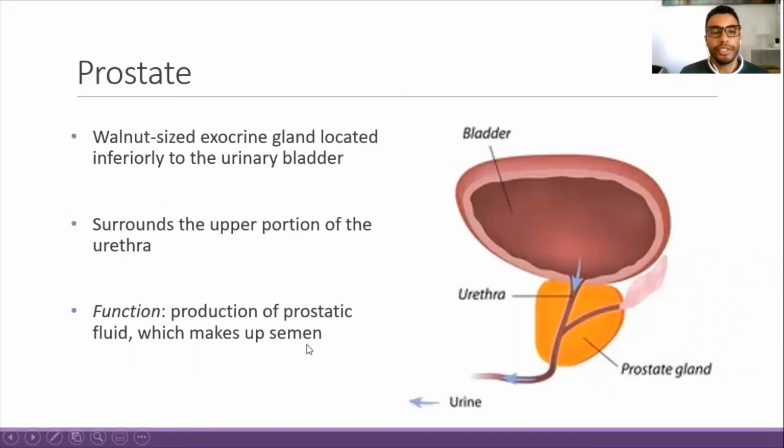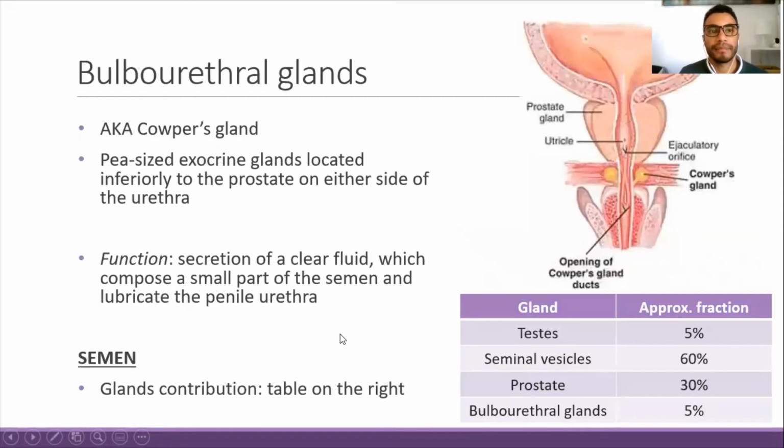And the main function is the production of prostatic fluid, which makes up part of the seminal contents. So this prostatic fluid is that fluid that gives a milky appearance for the semen. So that white color of semen is basically because of prostatic fluid.